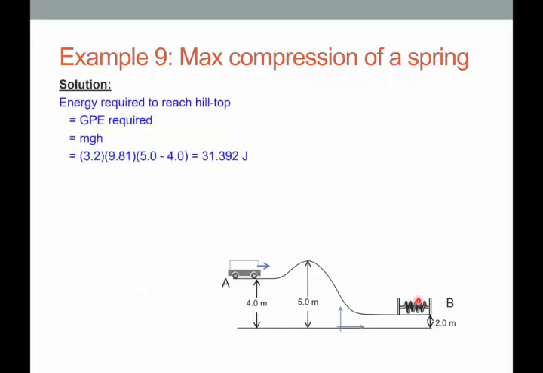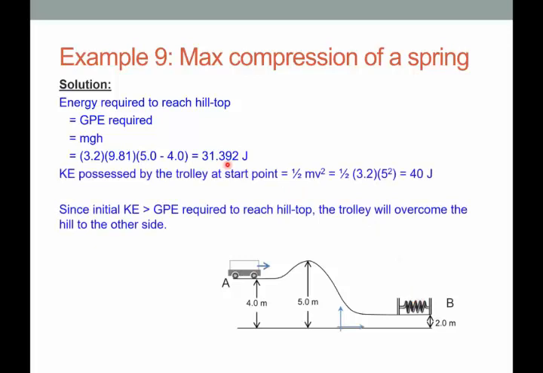The energy required to reach the top of the hill is equal to the GPE that is required. That is related to the height difference between point A and the top of the hill, which is equal to 31.4 joules.